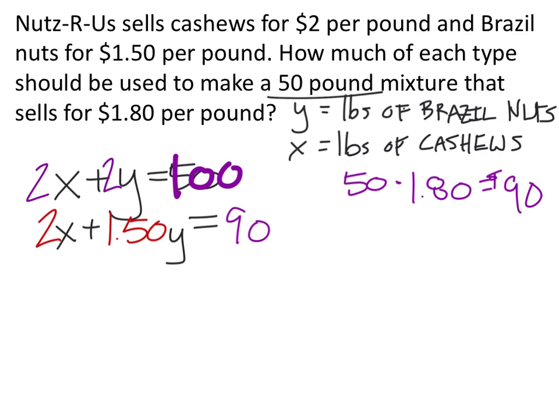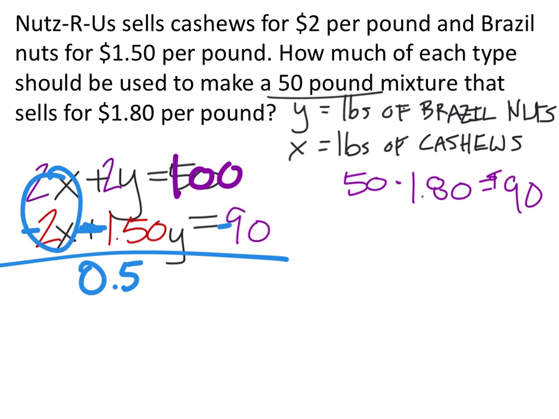So I have the same coefficient of x, but I need them to be opposites. So I will go ahead and change those to now it's a negative 2x, it's a minus 1.5y, and that's a negative 90. To solve these, my x's now have eliminated, and I have 2y minus 1.5y, which would be 0.5y equals 100 minus 90 is 10.